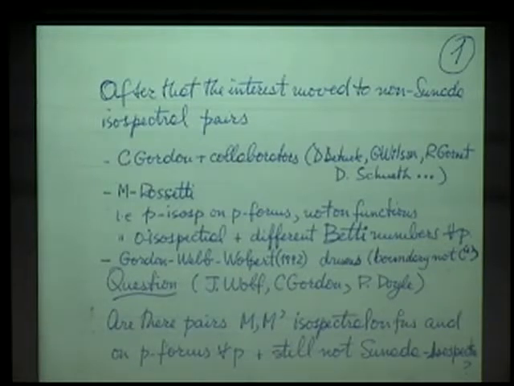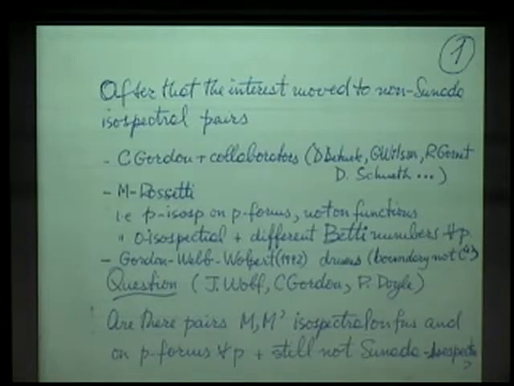If they have different Betti numbers, they cannot be p-isospectral. Finally, Gordon, Webb and Wolpert proved that you cannot hear the shape of a drum, but their domains don't have smooth boundary. So the problem with smooth boundary, the original problem of Kac, is still open.